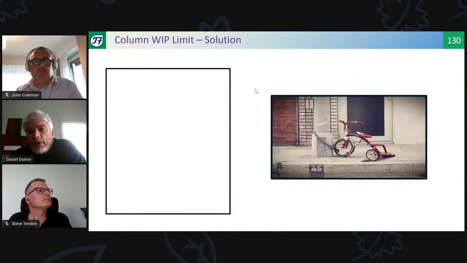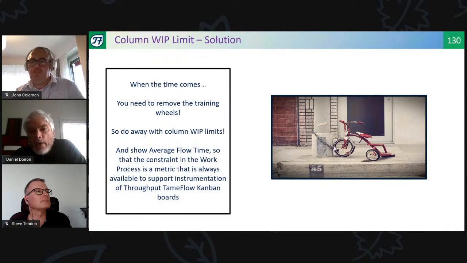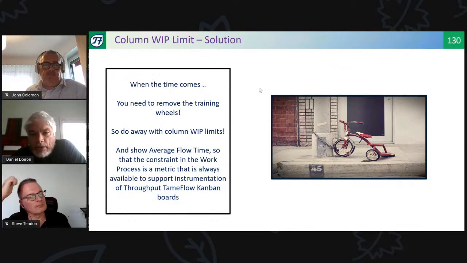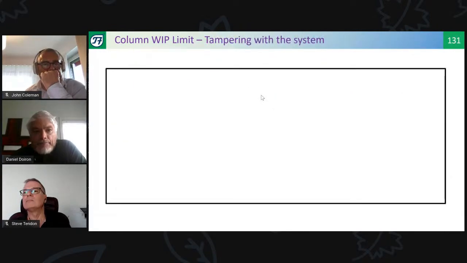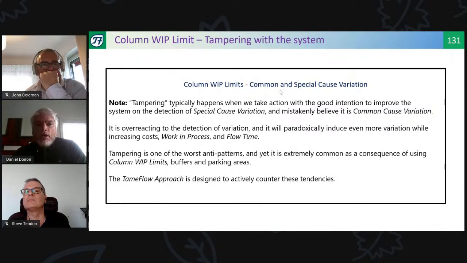Training wheels: when the time comes, just do away with the column WIP limits because they are the source of special cause variation signals. They give you improper clues as to things that might go wrong on your Kanban flow. Column WIP limits, in terms of common and special cause variation, are really interesting. Column WIP limits lead you to tampering with the system.